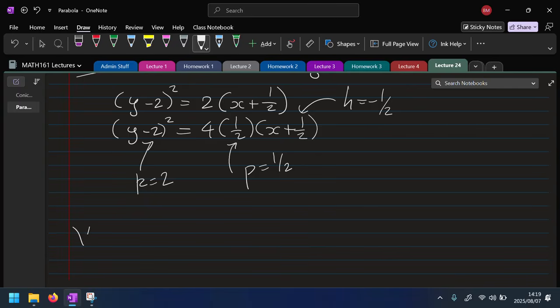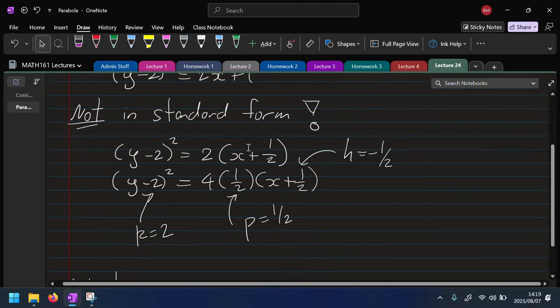Okay, so the vertex, what's that going to be? If we forget about the shifting, the vertex should have been at 0, 0, right? That was the standard vertex position. Now we shifted it to the left by a half, and up by 2.